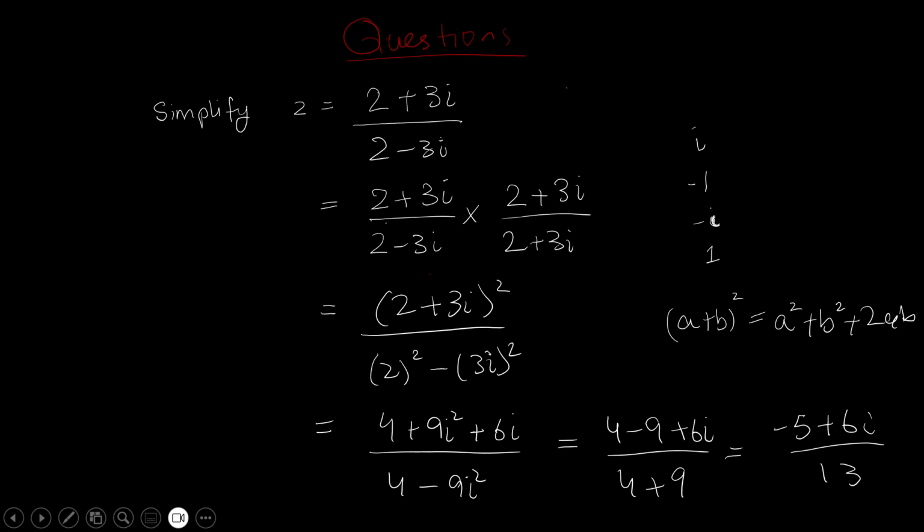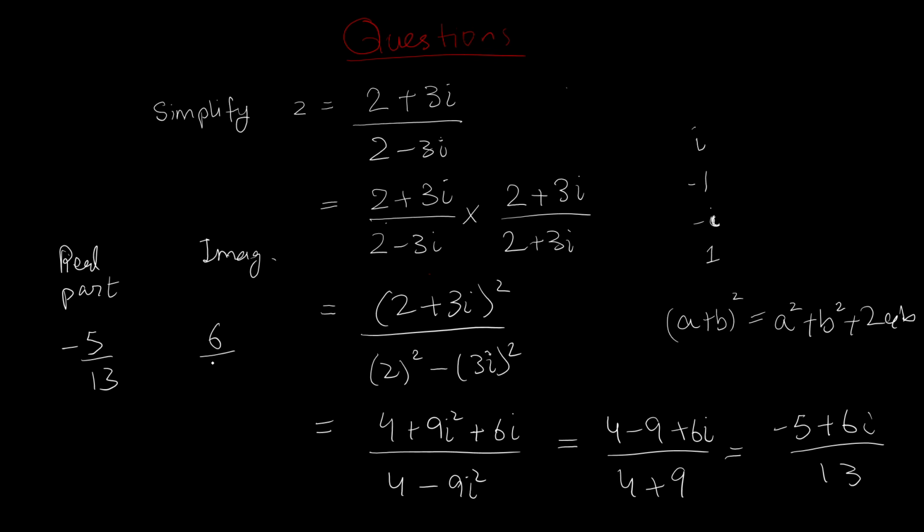Now, in this case, if they ask you what is the real part of this answer, then you must find the real part. In this case, you can separate the denominator, hence the real part would be -5/30. Similarly, the imaginary part would be 6/30.